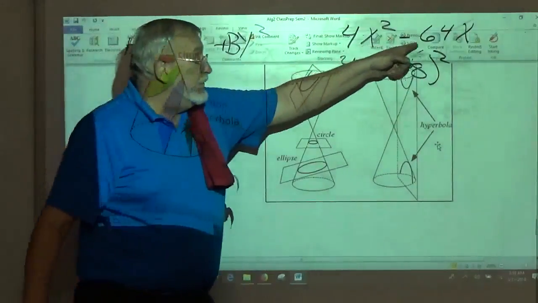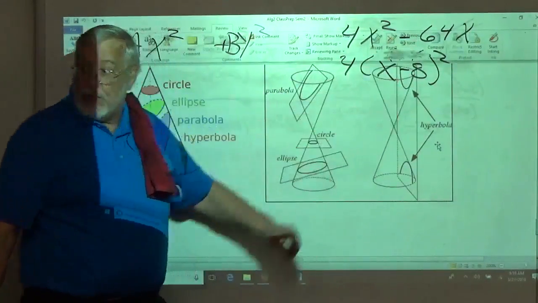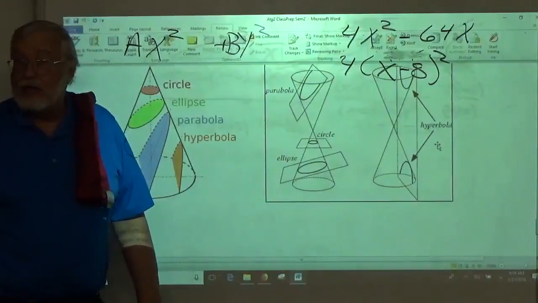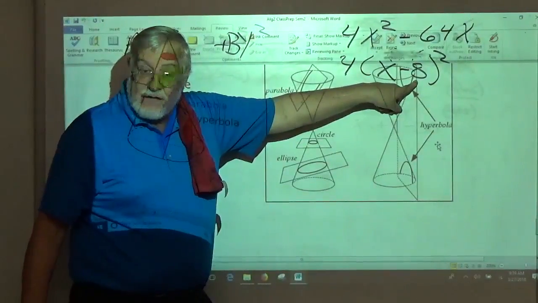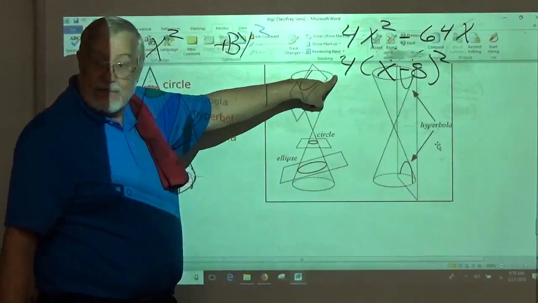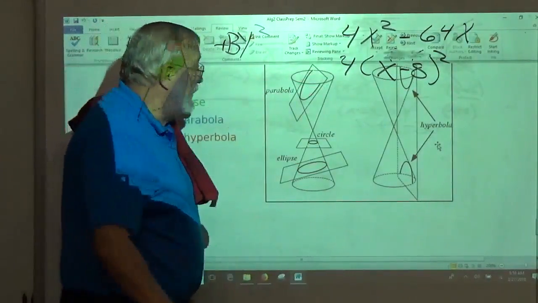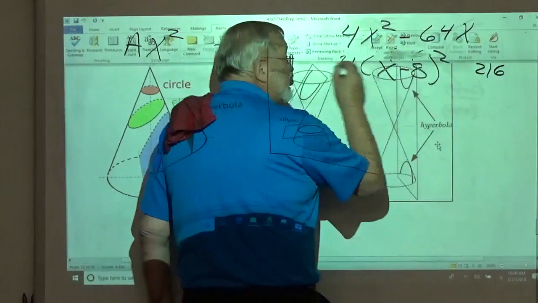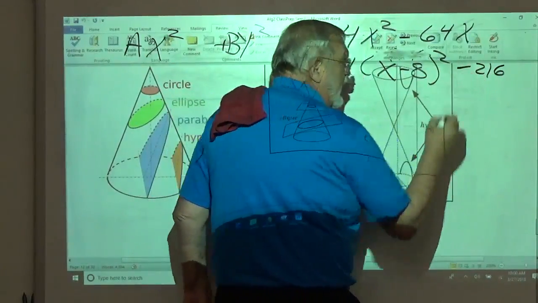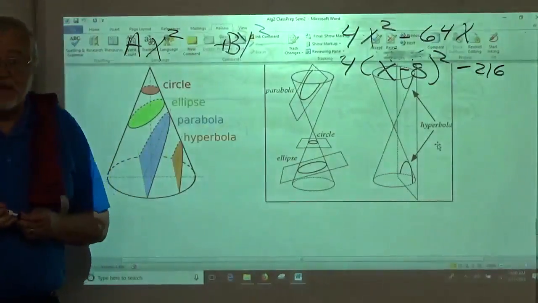Okay? So I take the 4 out, get 16. Half of 16 is 8. Now, when I go to find the extra number, I say 8 squared is 64. 64 times 4, I don't know what that is, 216. And because this is positive 216, I have to add a negative 216 to make it equal.